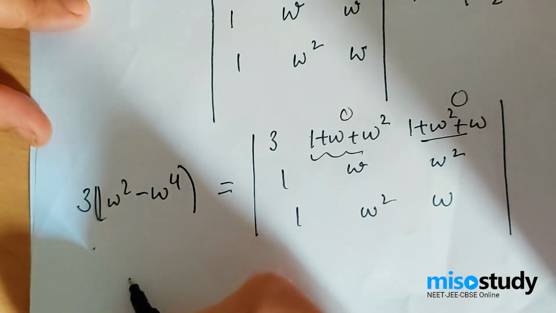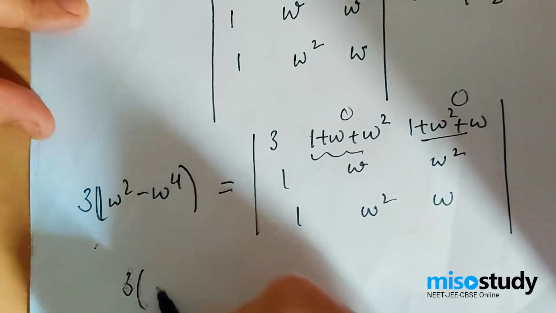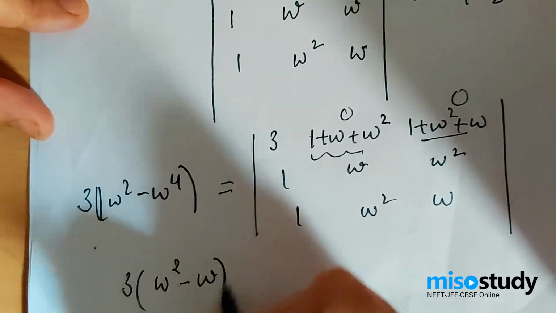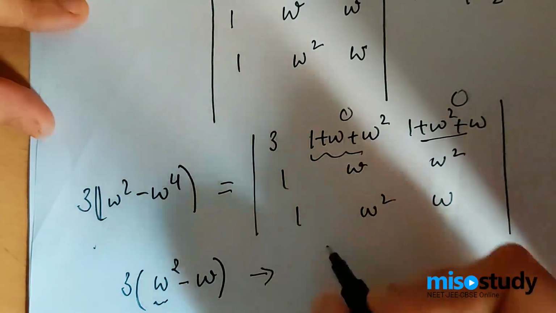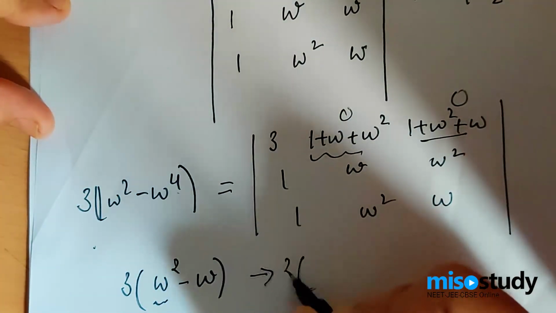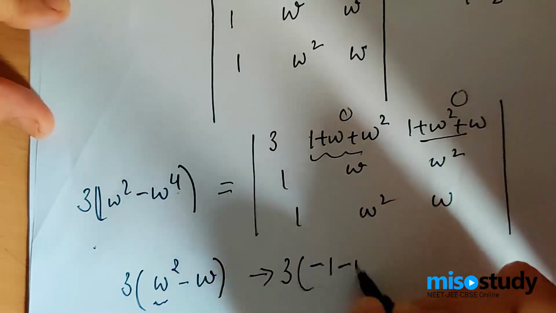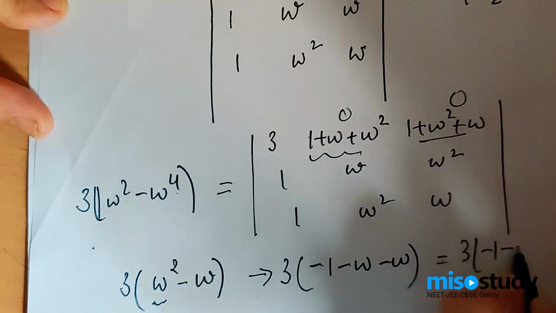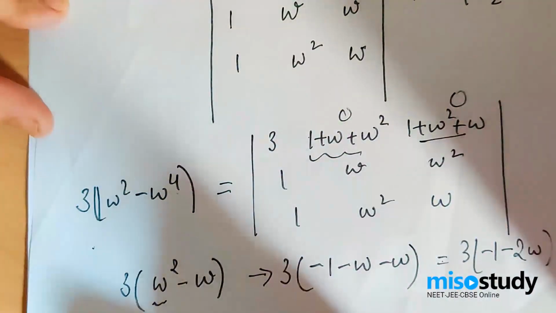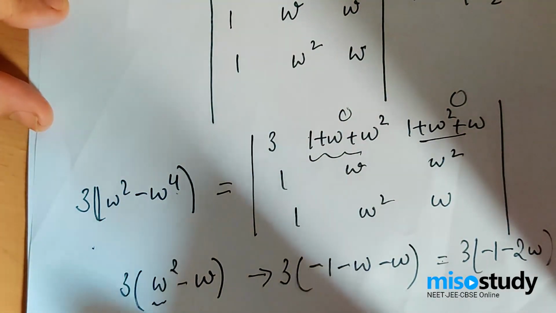Now, this can be further written as 3 omega squared minus omega. Now, because omega cube is 1, I can replace omega square by minus 1 minus omega, which gives me 3 into minus 1 minus 2 omega. Now I am being given in the question that 2 omega plus 1 is equal to z.